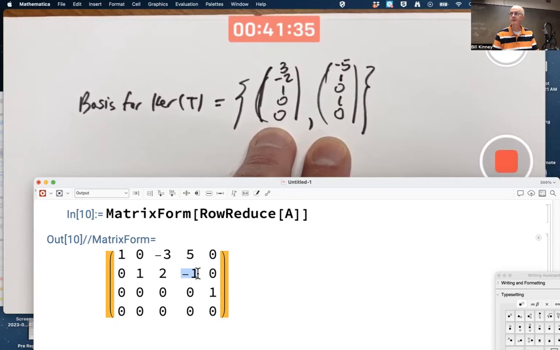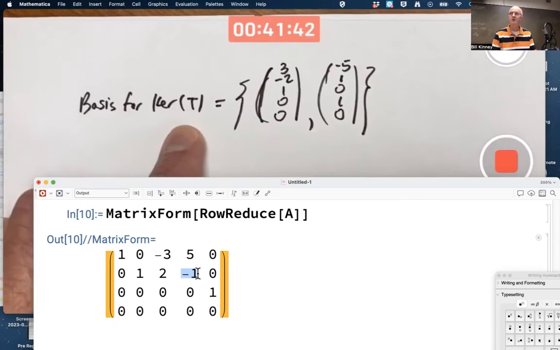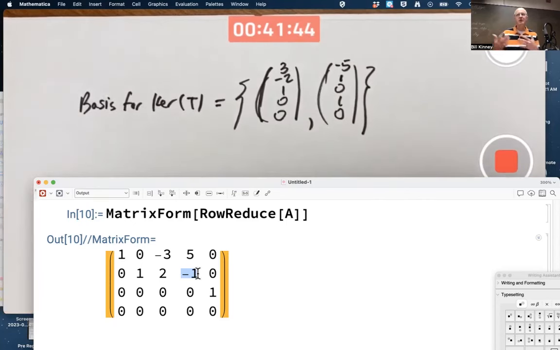What's going on geometrically? Since this is two linearly independent vectors forming a basis for the kernel, that means the kernel is a two-dimensional subspace of five-dimensional space. So does that mean it's a plane through the origin in 5 dimensions? Yeah, it does mean that, but we can't actually draw it, right?